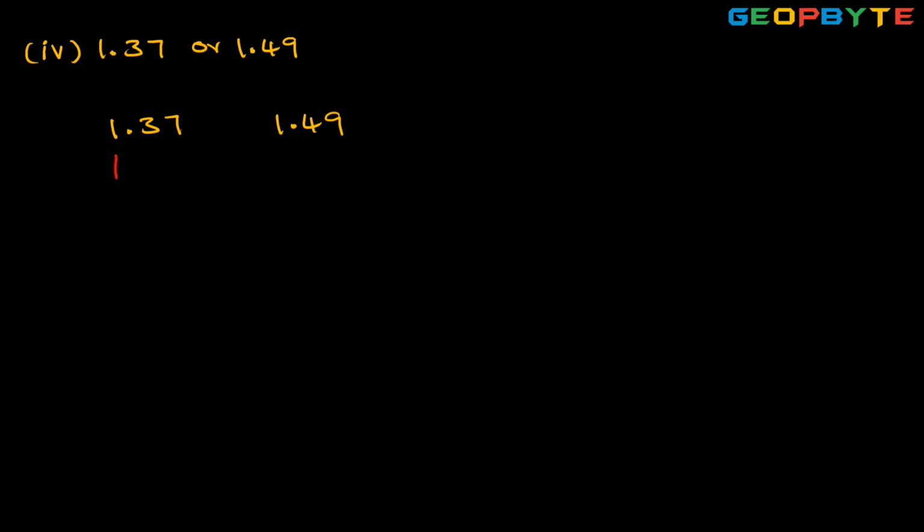At the ones place we have 1. In the second number also we have 1. So both are equal. So we need to go to the next digit. At the tenths place we have 3, and in the second number at the tenths place we have 4. So 3 is less than 4, or we can say that 4 is greater than 3.